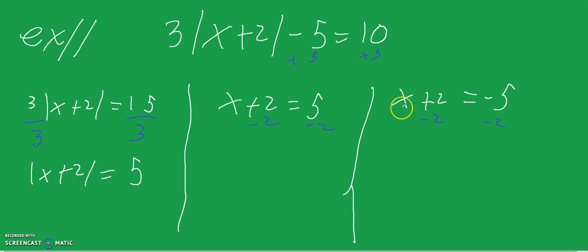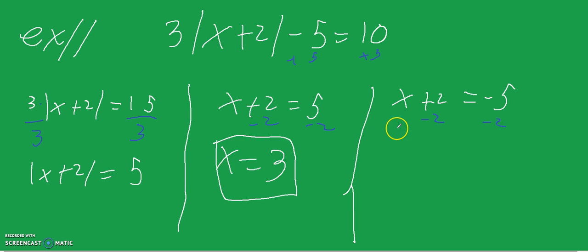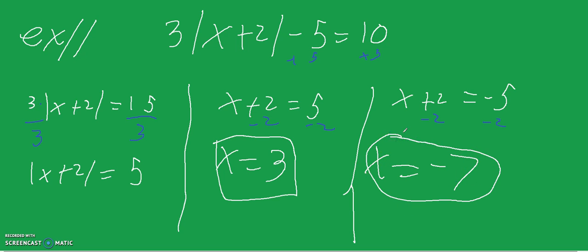I missed a 2 right here. That's going to give me that x equals 3 and that x equals negative 7. And now you guys at home can go ahead and verify that if I plug 3 into this equation, I'll get a 10. If I plug in a negative 7 to this equation, I'll get a 10 also.